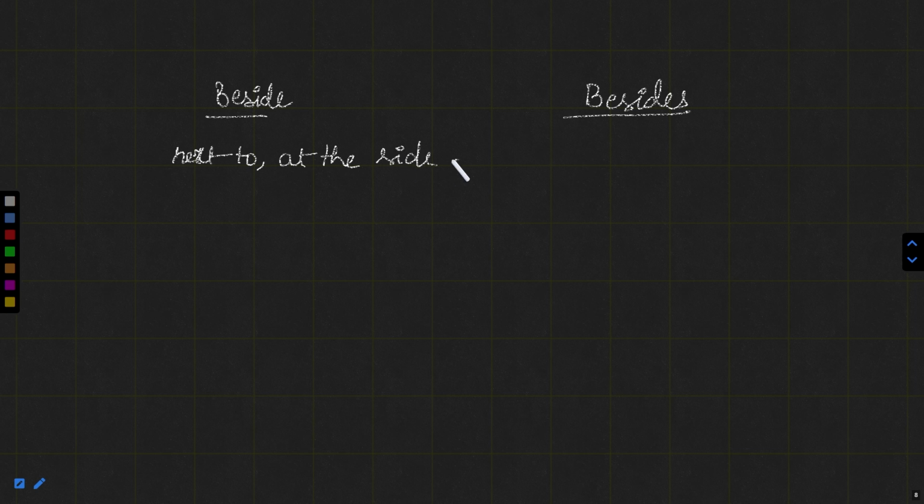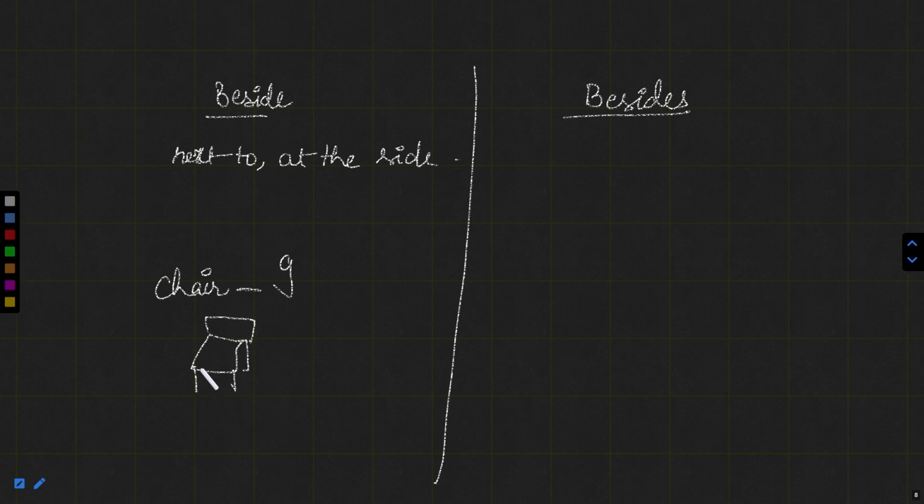Suppose there is a chair and here is a man standing. So I can say the man is standing beside the chair. Beside means near, or by the chair, just next to that particular thing. So there we write the word beside.